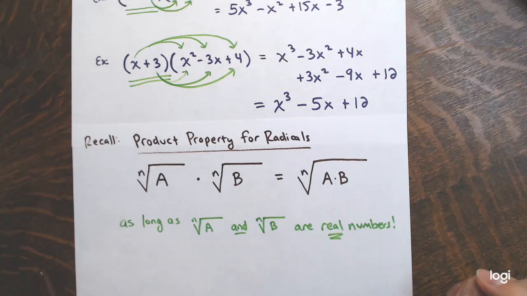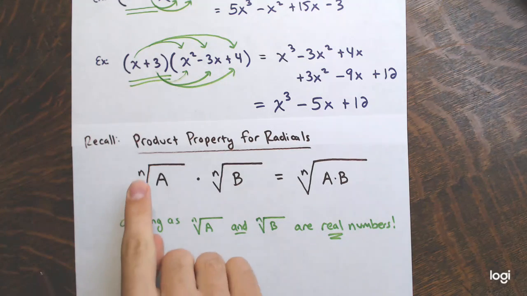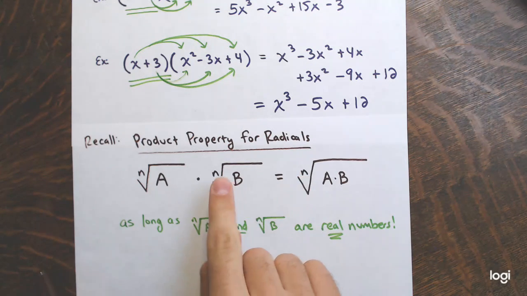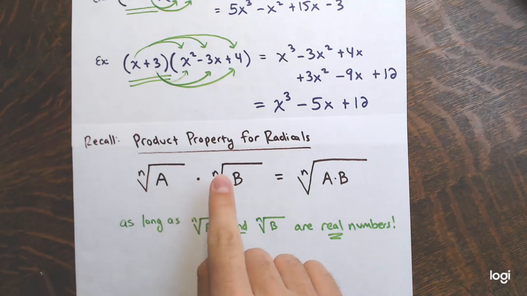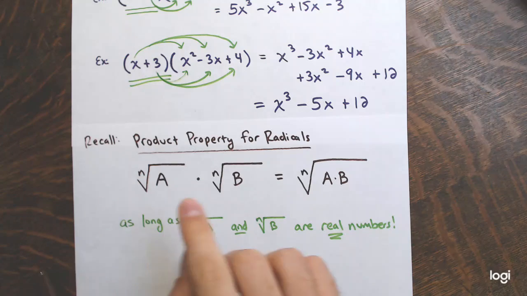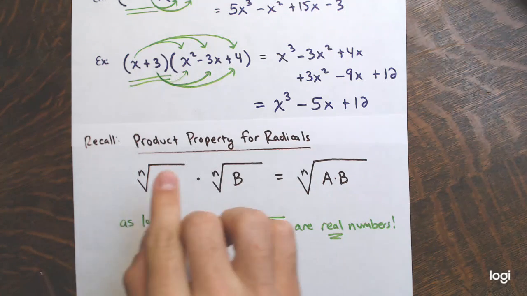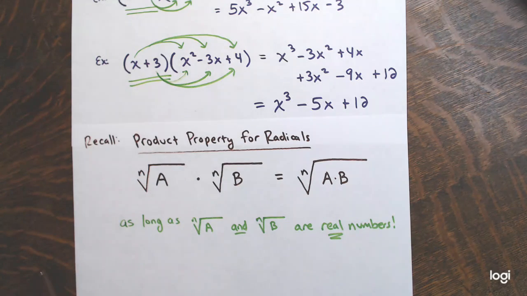Hopefully that rings a bell as a nice refresher, because that's going to be used. One other thing to point out is that the index of the radicals throughout this property is always the same, always n, so they're all square roots or all cube roots or all fourth roots, etc. Just keep that in mind as well.